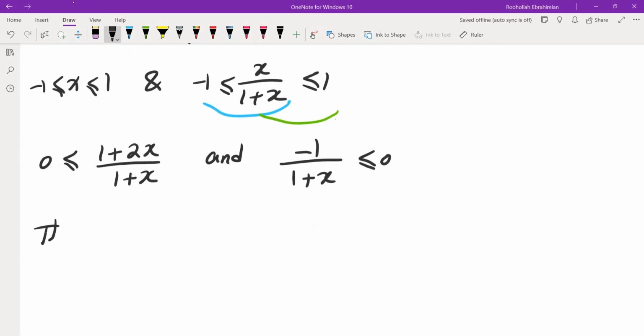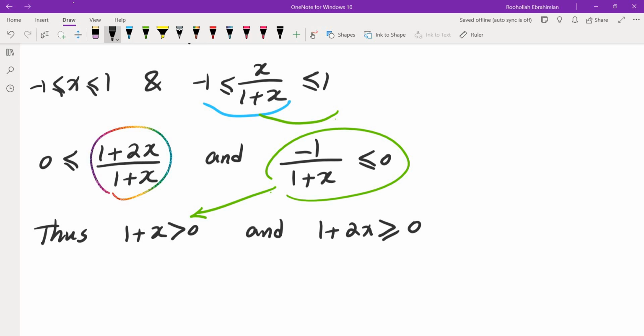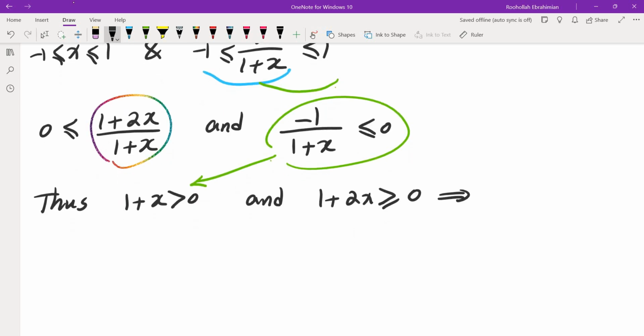So that means 1 plus x must be positive, and 1 plus 2x must be greater than or equal to 0, because the denominator now is positive. Therefore the numerator must be non-negative. And this tells us x must be greater than -1 and x is greater than or equal to -1/2.